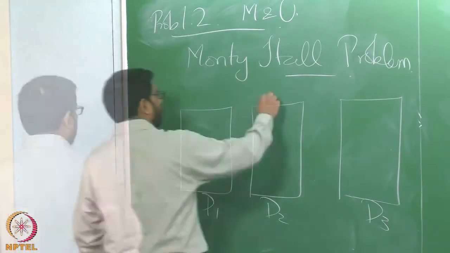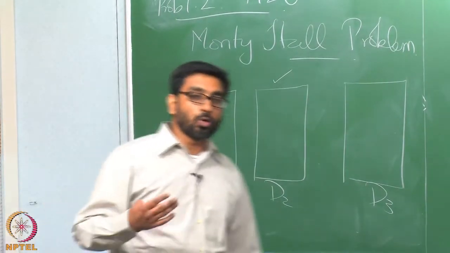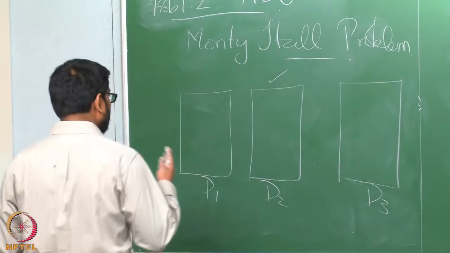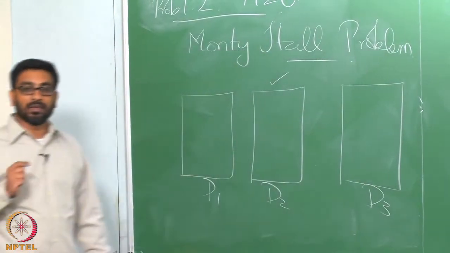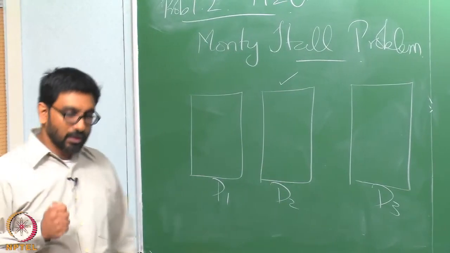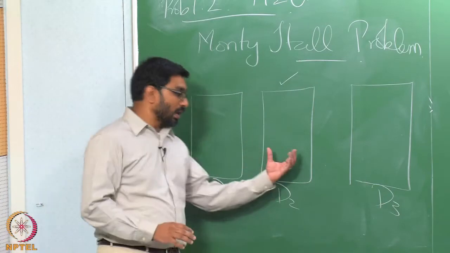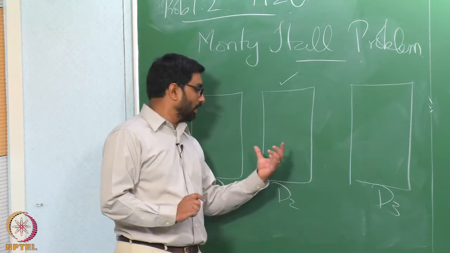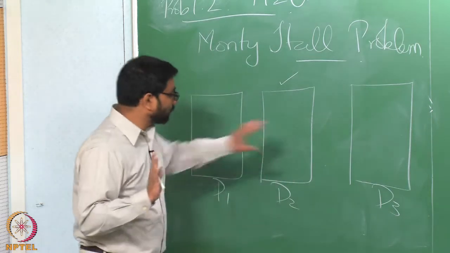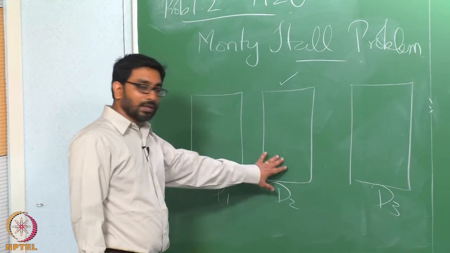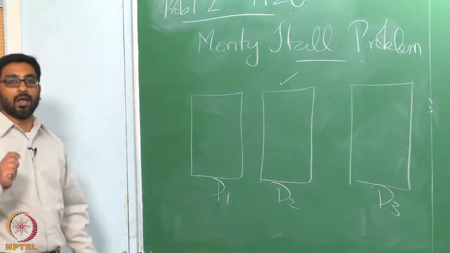Let us say we pick door D2, and then the game show host Monty Hall, who is aware of which door holds the car, looks at your choice. This choice may be the one with the car, or it may be one without the car. We don't know, but Monty Hall knows that. But regardless, one of the other 2 doors is going to have a goat.